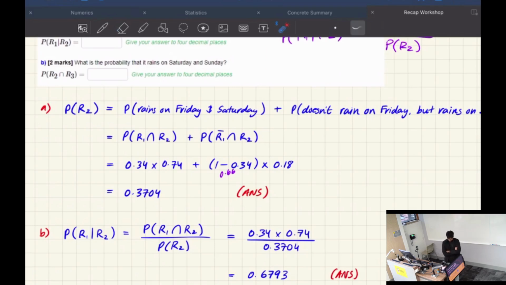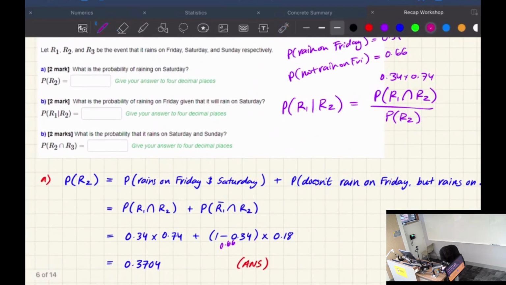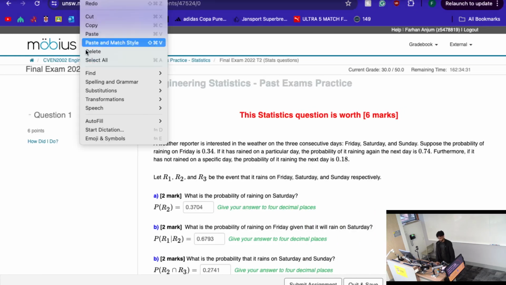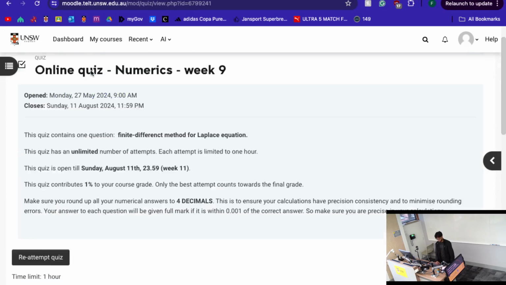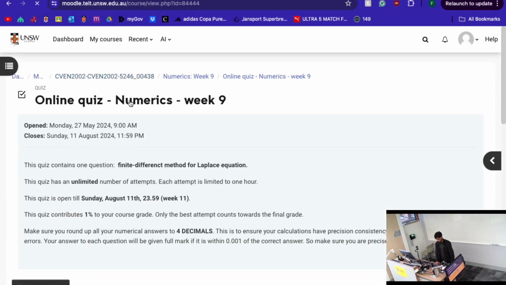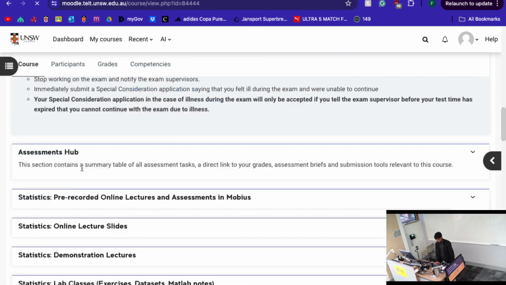The final part should say part C, by the way. Is that formula on the formula sheet? Let me check. It should be in the formula sheet.